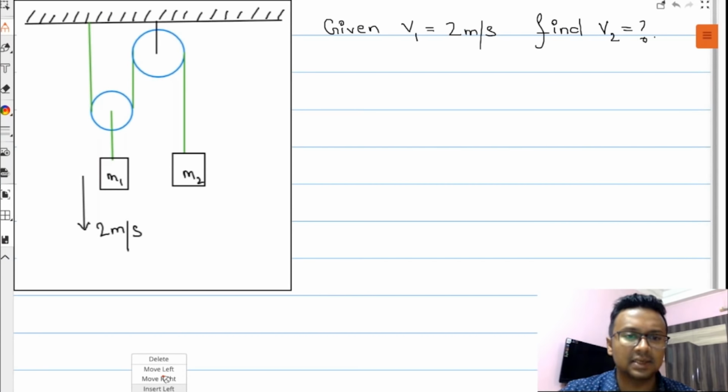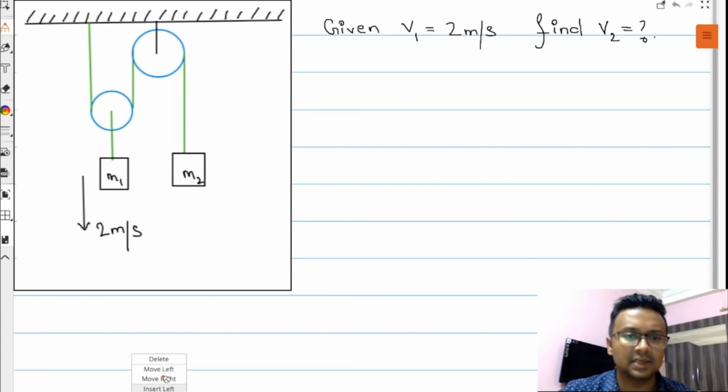Constrained, S-T-R-A-I-N-E-D. Okay. Now, sometimes these spell check softwares have spoiled our habits. Constrained motion in pulleys. Clear? What do we mean by constrained motion, by the way, students?